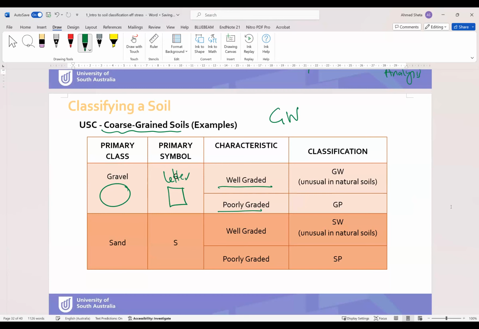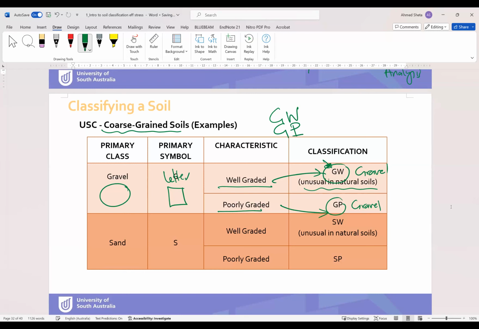If it is poorly graded, it will be GP. So GW well graded gravel, GP poorly graded gravel. This type of well graded soil is unusual in natural soil. It can be artificial, but in natural soil it is not common.